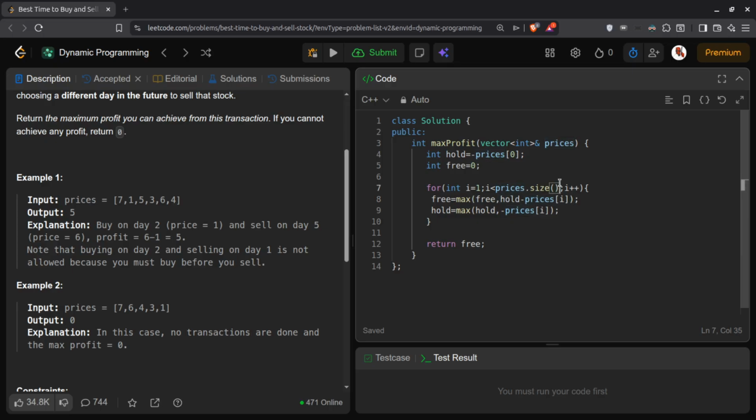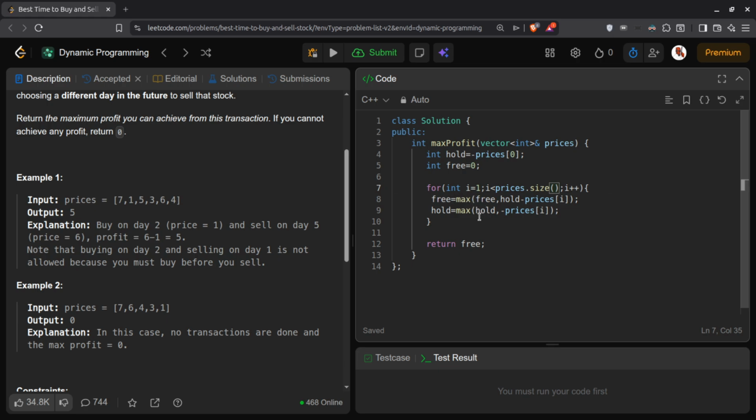Like from index 1 we have started. Free is 0, hold is what? Hold is minus 7. And price at index i is 1. So 1 minus 7 would be minus 6. What would be the greater value, 0 or minus 6? 0 is the greater value, so free is equal to 0.